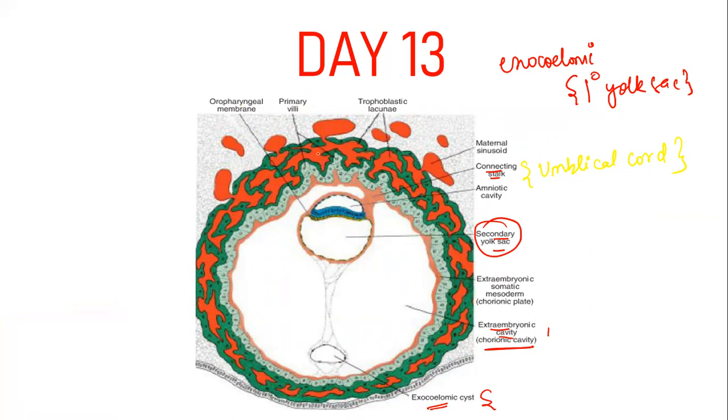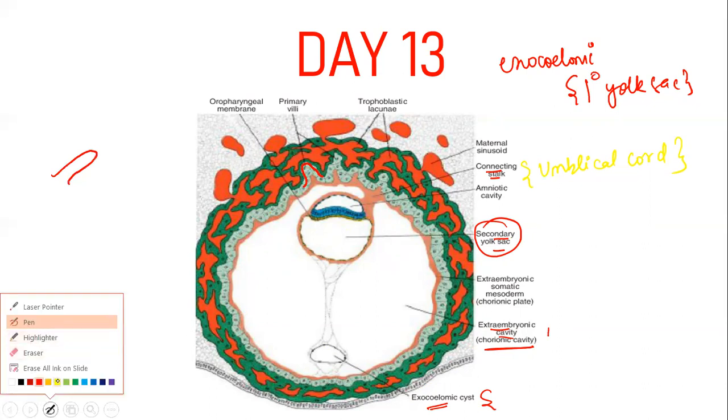So what is this primary villi? Can you make out what is this light green colored structure? Yes, it is your cytotrophoblast. Now what happens is this cytotrophoblast is going to extend as a finger-like projection upwards through the layer of syncytiotrophoblast. So it extends and its covering is made up of syncytiotrophoblast.